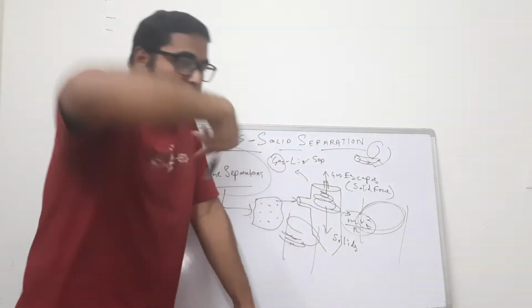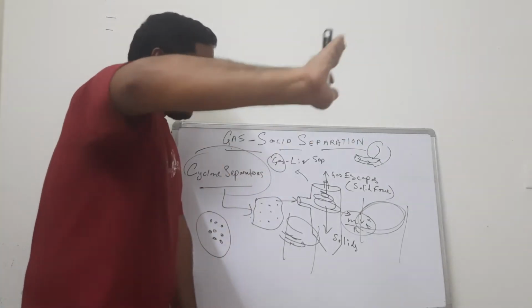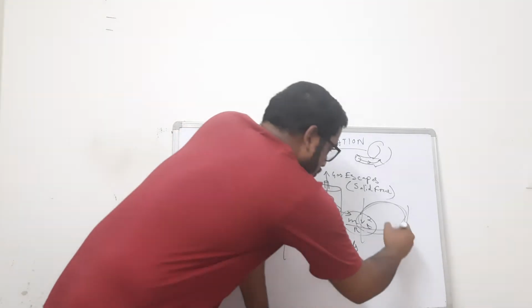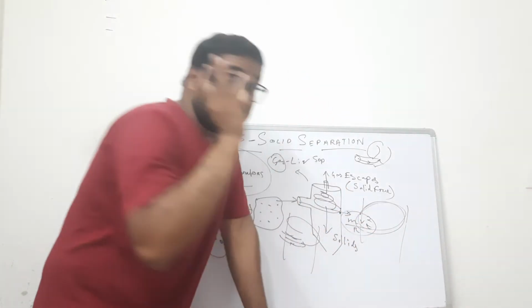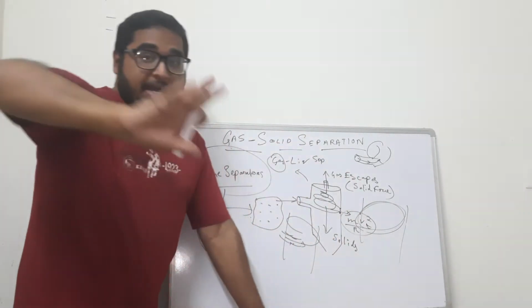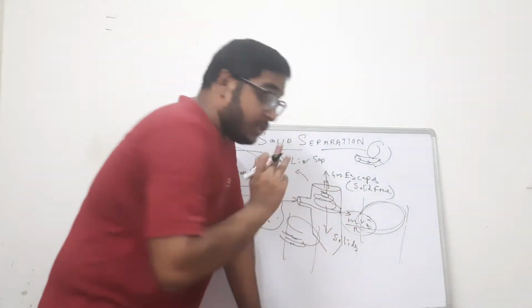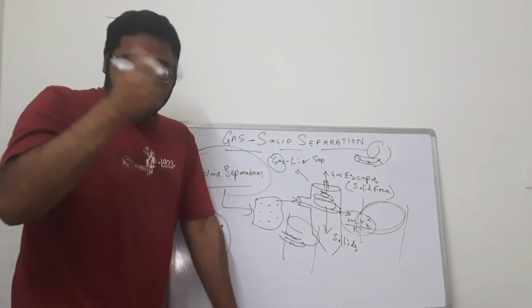And as it follows the circular path in the cyclone separator, as the solids strike the walls, they lose their momentum. Let me tell you, my friends, because of the friction it experiences, or the loss of inertia at the periphery of the cyclone separator.